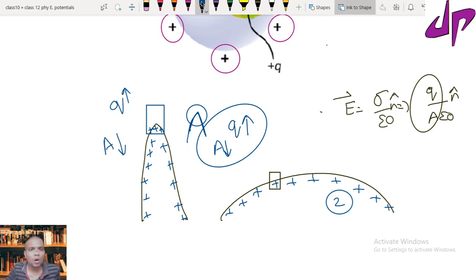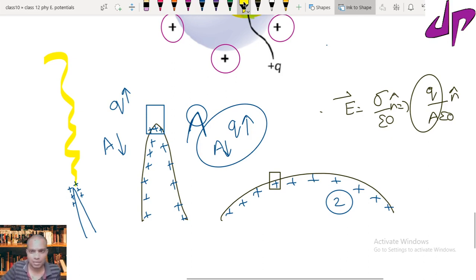That's the reason all lightning conductors should be pointed. Only then will more charge get accumulated at the tip, and it will attract the thunder. So why are lightning conductors pointed? This is the reason.